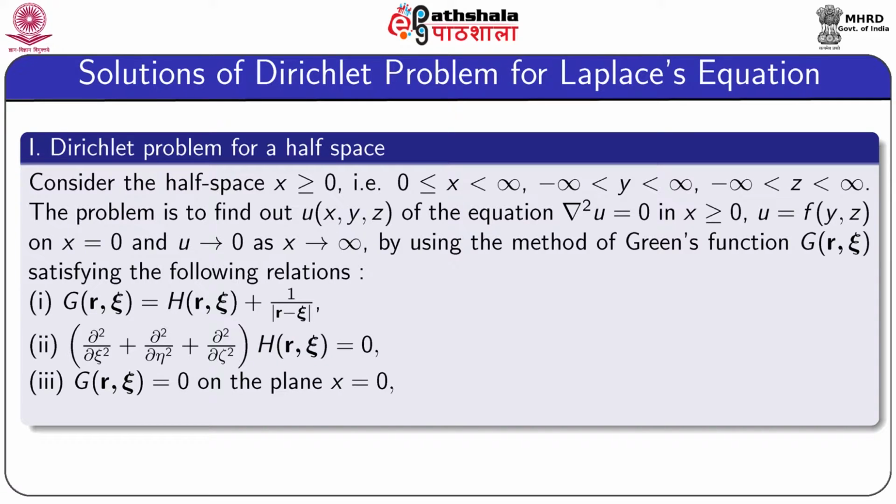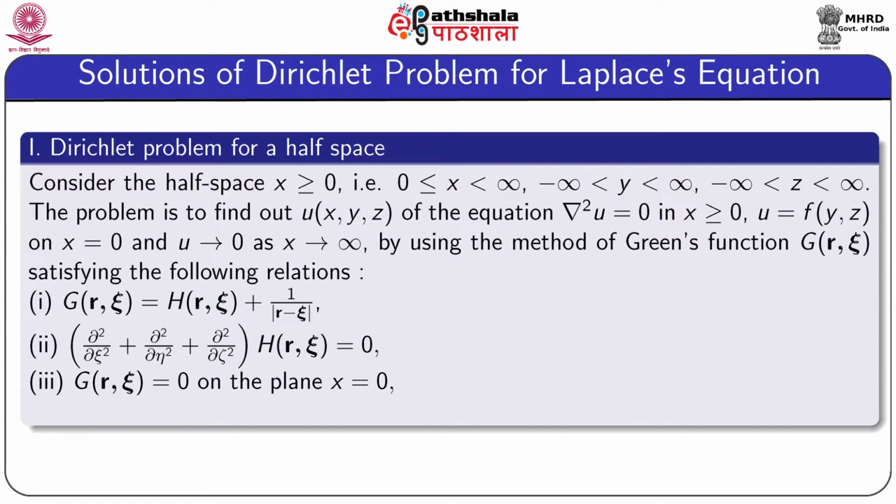So, in this method we need to construct a function G, which is known as Green's function, which is a function of two vectors r and xi, such that number 1, G equals H plus 1 by mod r minus xi. Number 2, the function H is such that it is harmonic in xi space.